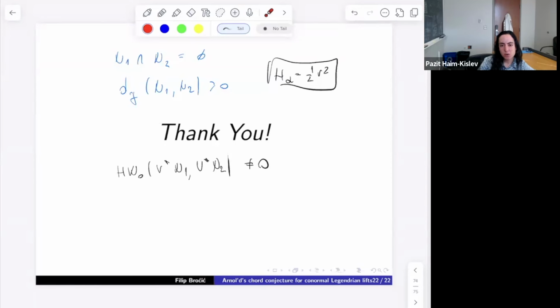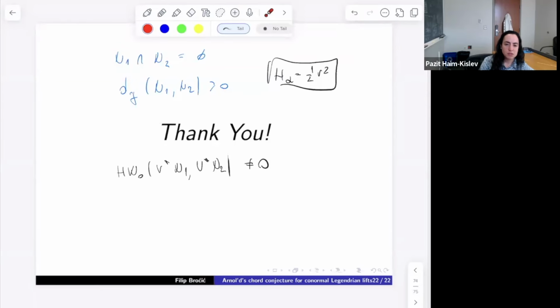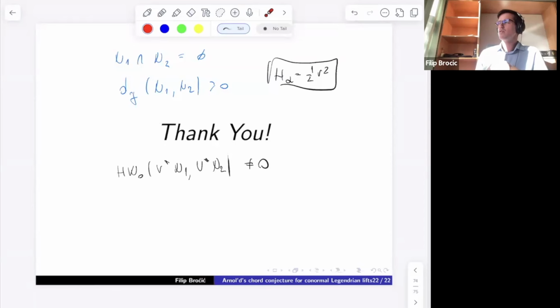Can you say something quantitative about the action of the chord? No, because we can only deduce things about the Maslov index, because our method is just not seeing action at all. But it seems to be related to the energy of the geodesics that you get, right?